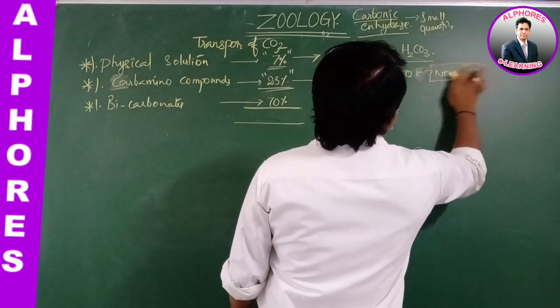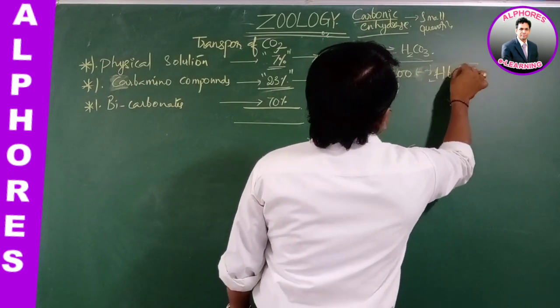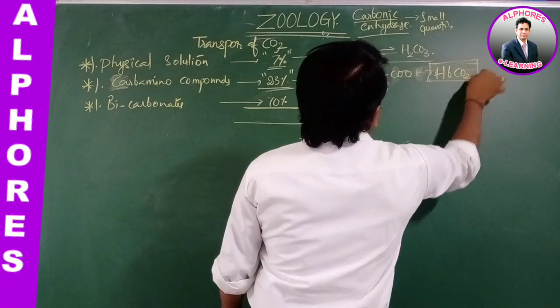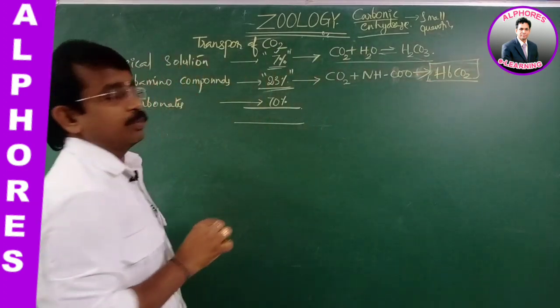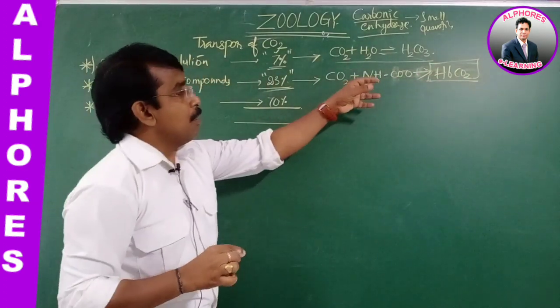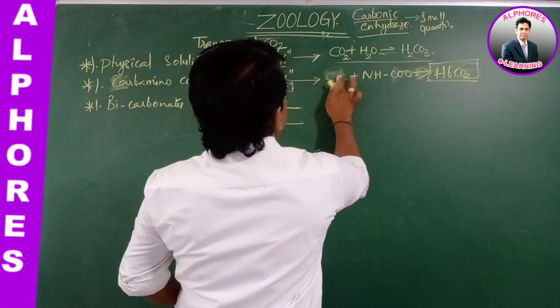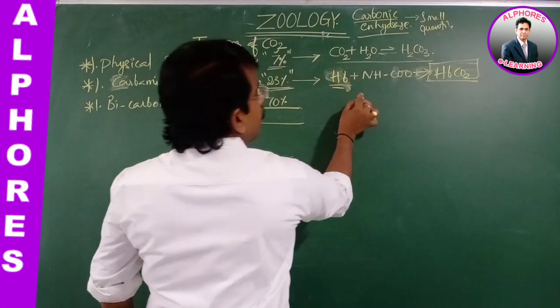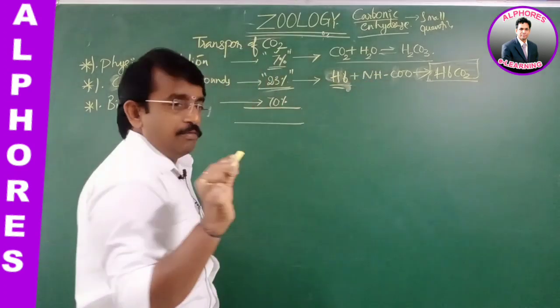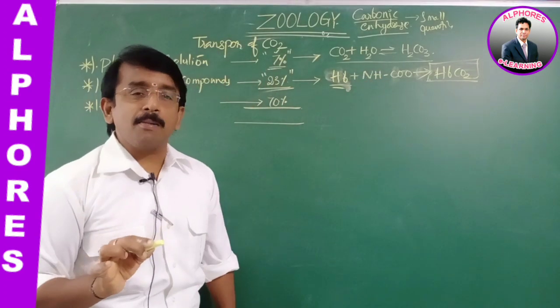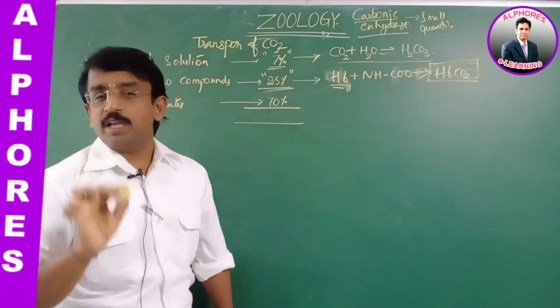We can also say it is carbamino compound hemoglobin CO2. Already we discussed, protein includes amine and carboxylic groups.